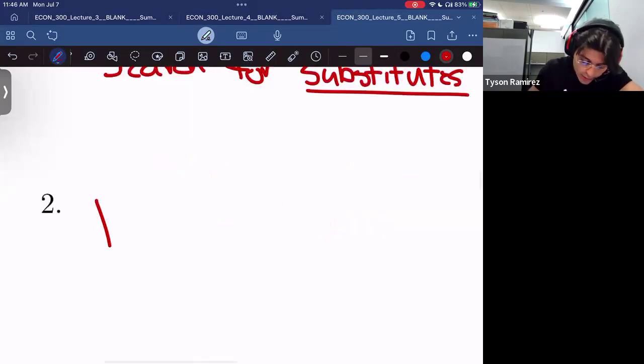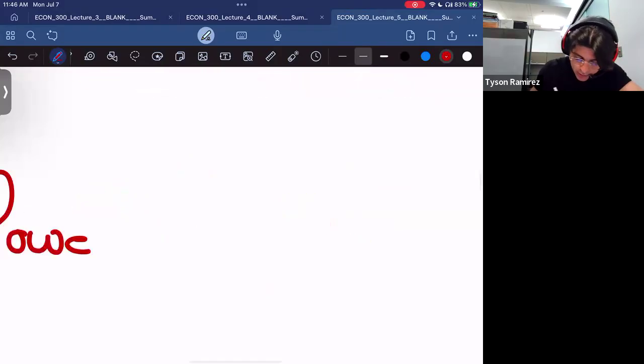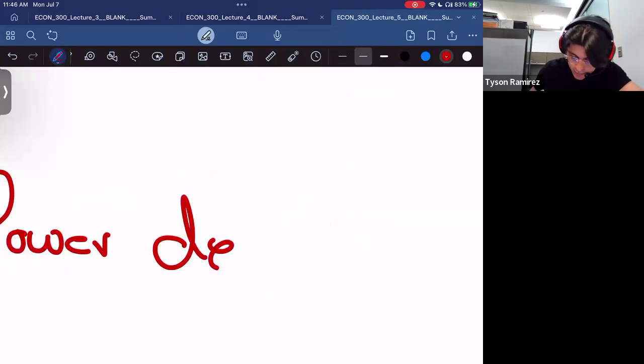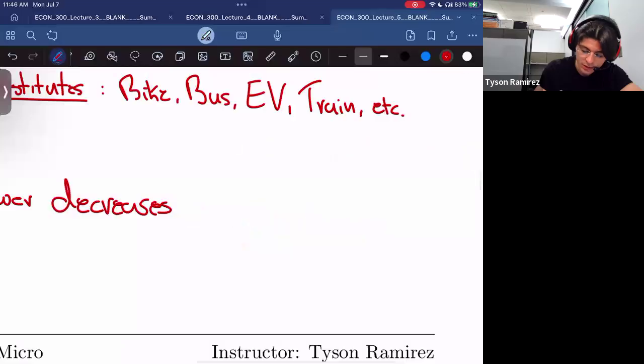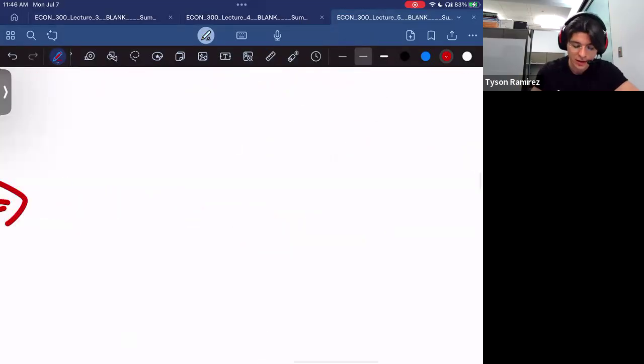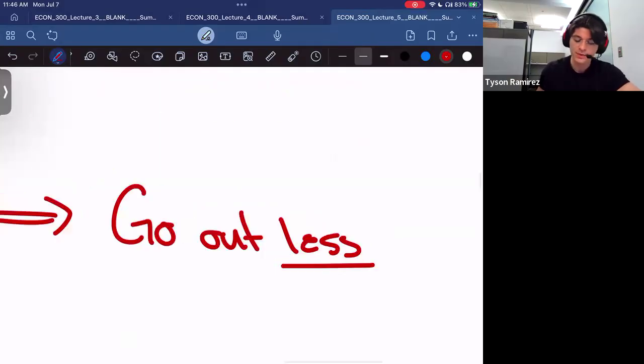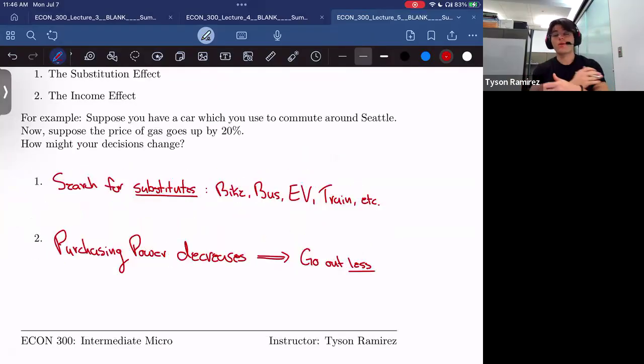So our purchasing power decreases. And what does this mean? Well, this might incline us to go out less.